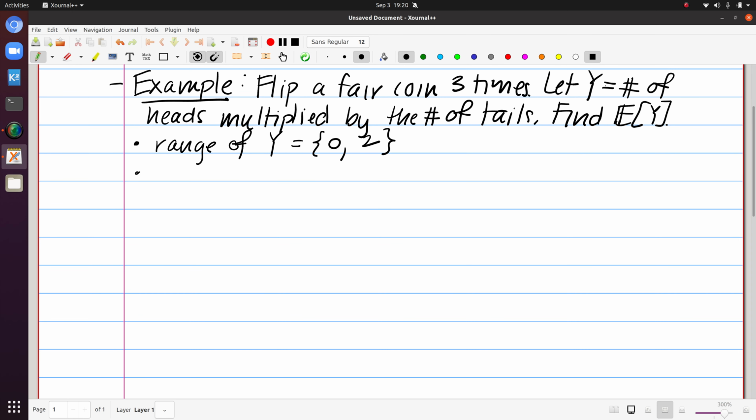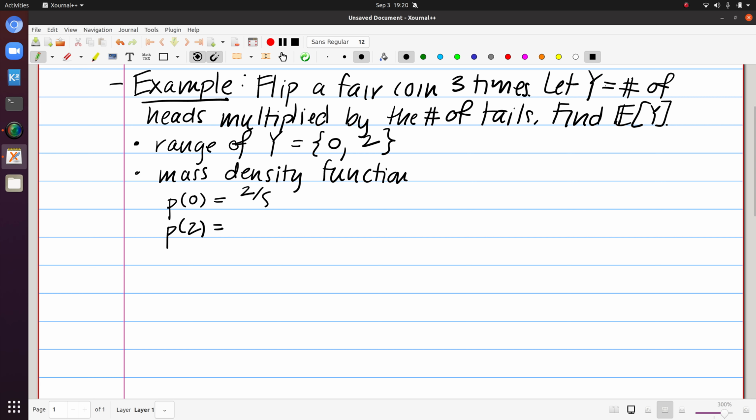Next, we have to find the mass density function. So the mass density function of this random variable will then again require that we compute P of 0 and P of 2. So the probability that this random variable is 0 would include the probability that you see all heads or all tails.